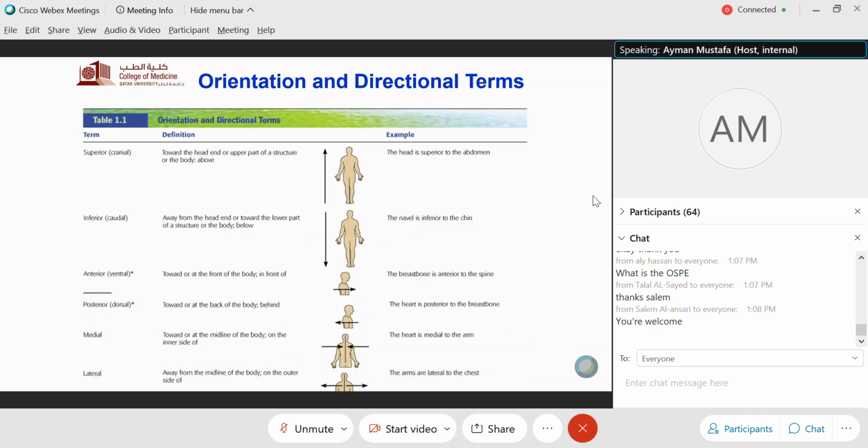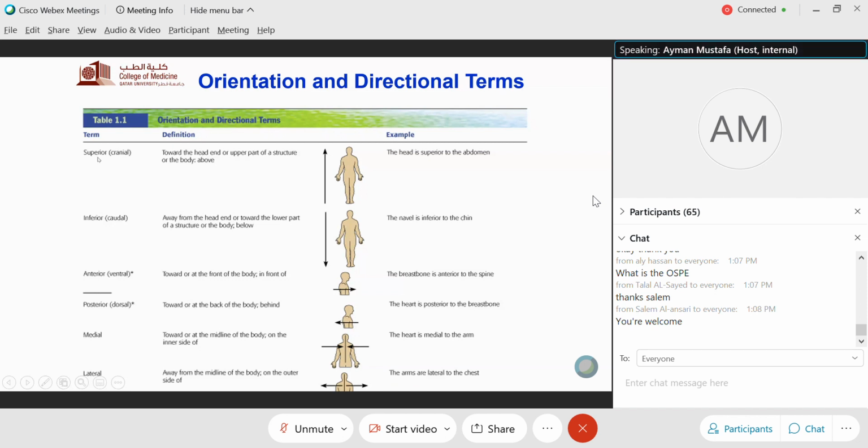Now, you have seen this table before. We will go over it to make sure you all understand it very well. It's about the directional terms. Directional terms are the terms that help me tell the relationship between organs like superior, inferior, anterior, posterior, medial, lateral, superficial, deep, proximal, distal, etc. So the first pair of terms are superior, inferior.